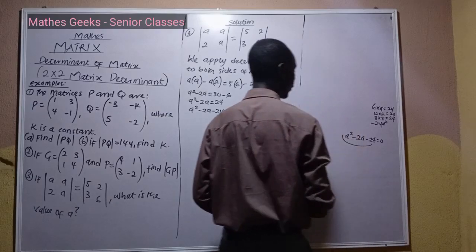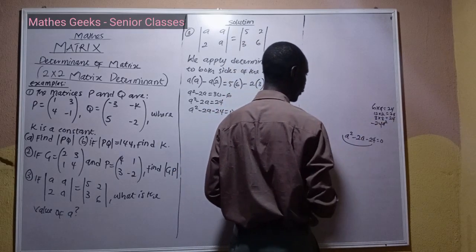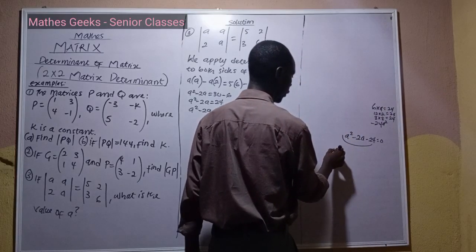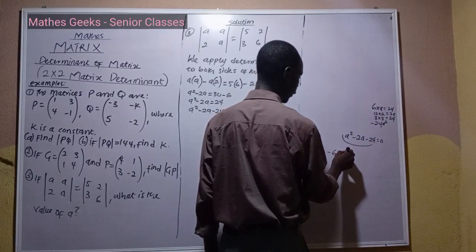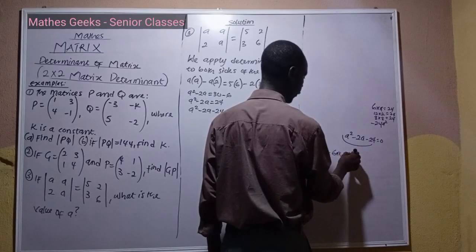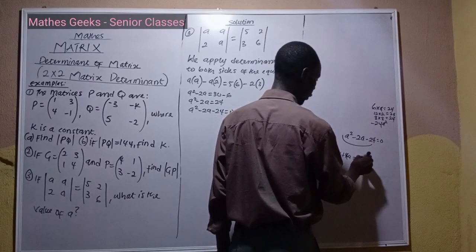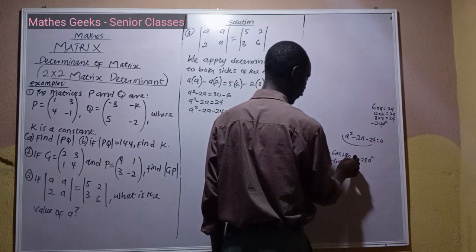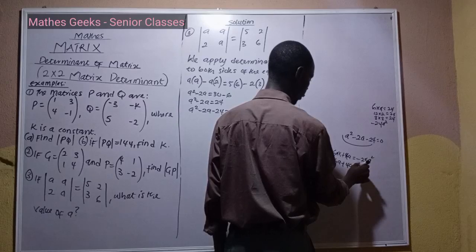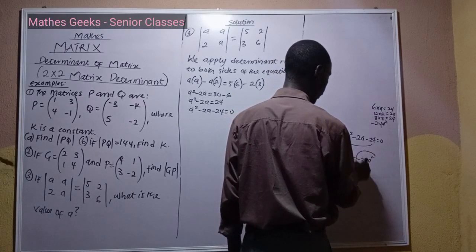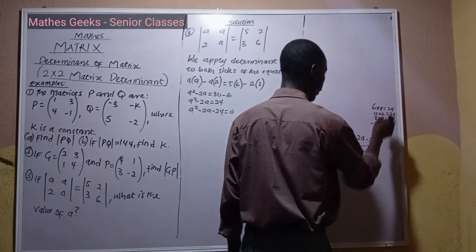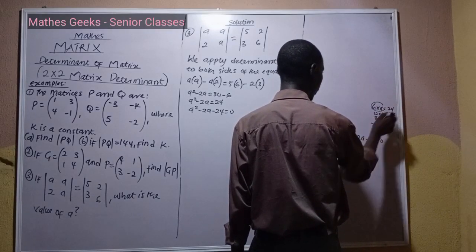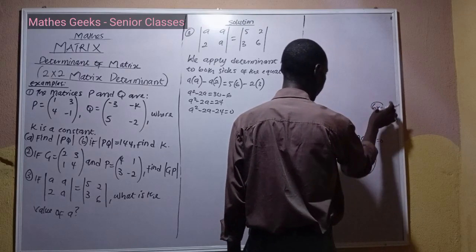Let's try minus 6 and plus 4. Minus 6E plus 4E gives minus 2E, so this satisfies what we have here. The other factors will not satisfy it, so we pick these factors.